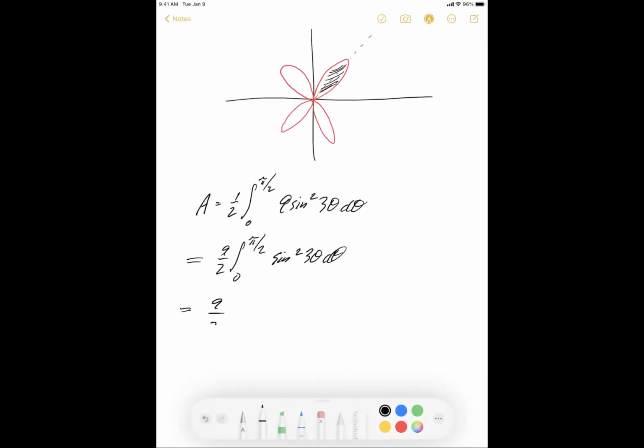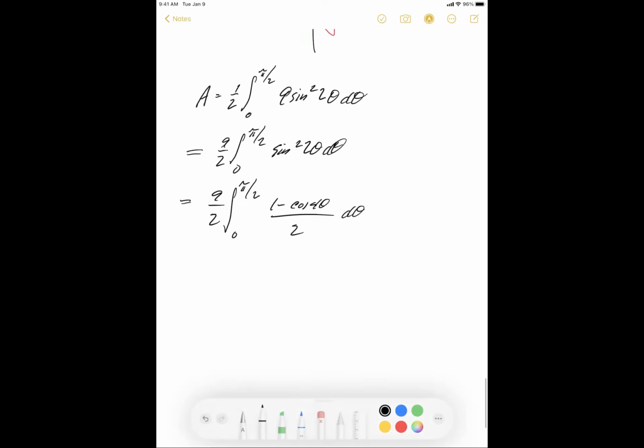Professor? Yep. Isn't it 2 theta? Oh, yeah, thank you. There's an identity that tells us how to integrate sine squared. So this is going to be 1 minus cosine 4 theta divided by 2 d theta. So that's going to be 9/4 integral 0 to pi over 2 of 1 minus cosine 4 theta d theta.